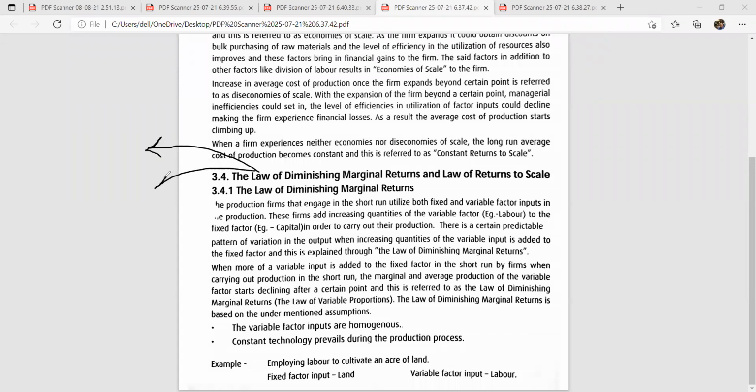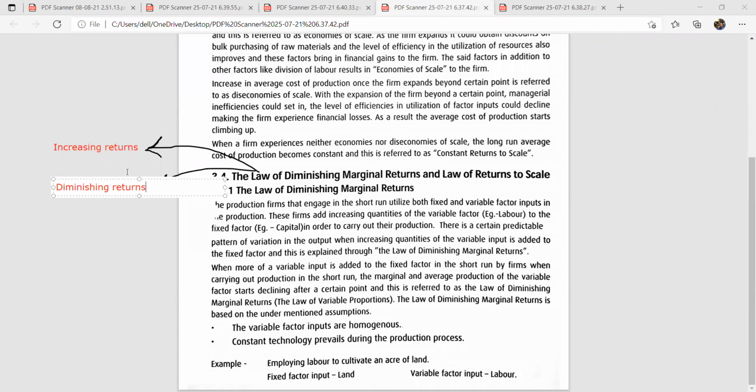Under increasing returns, the marginal production of the variable factor increases gradually, but diminishing returns implies a reduction in marginal production of the variable factor.